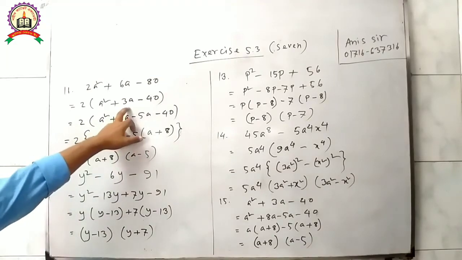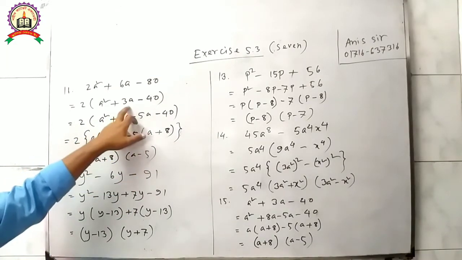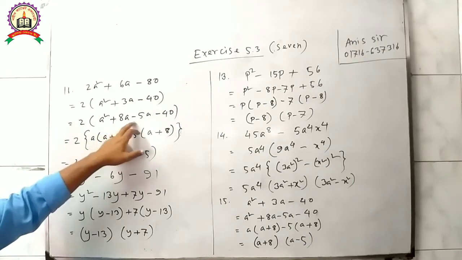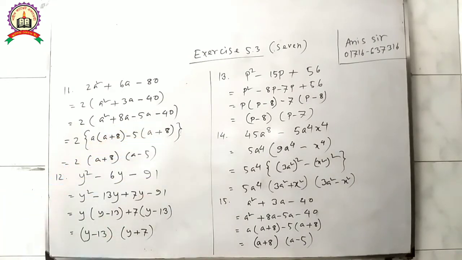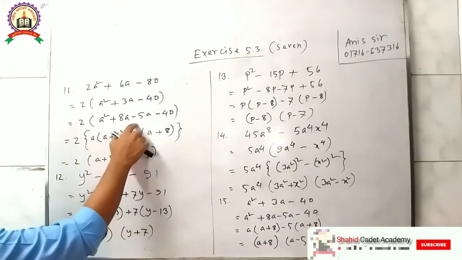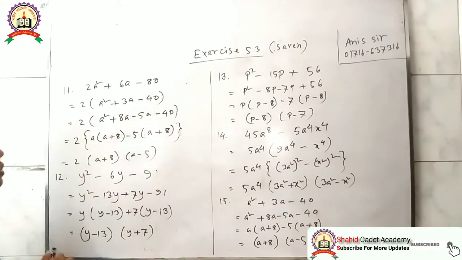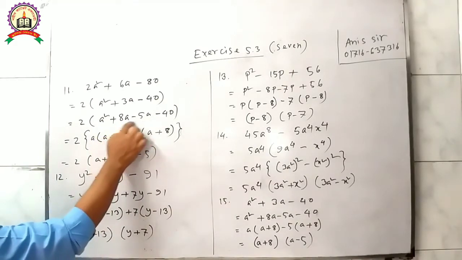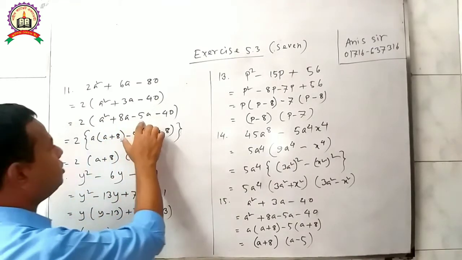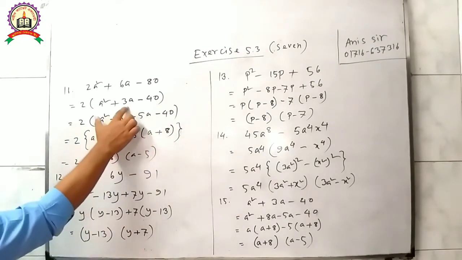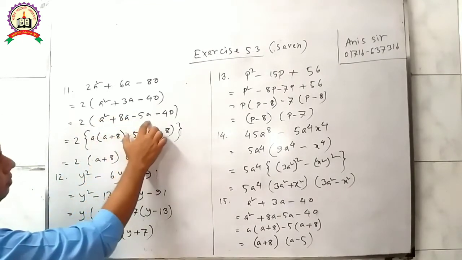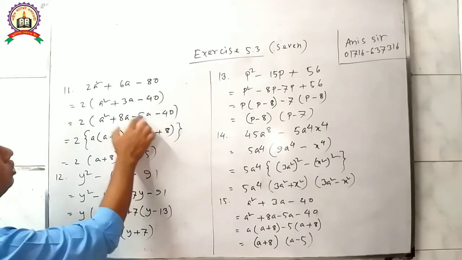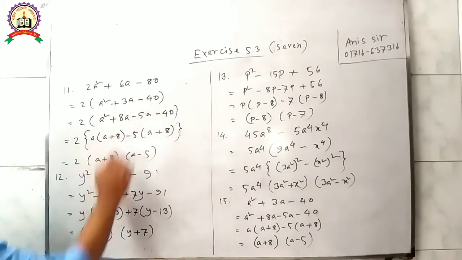Plus 8 minus 5, if we add and subtract, then we get plus 3a.